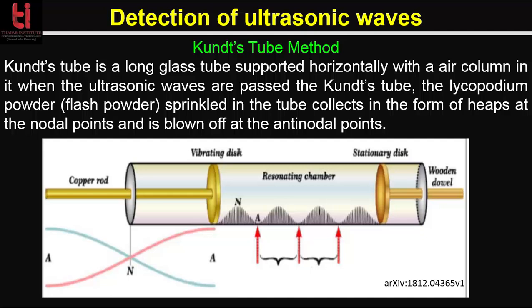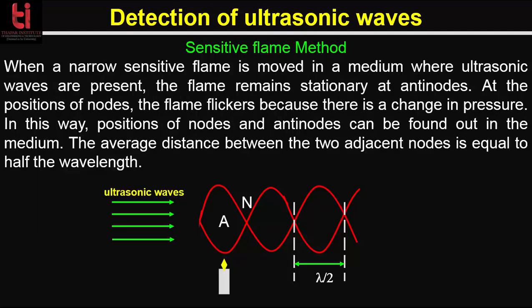The distance between the piles is half a wavelength, that is, if the wavelength of these ultrasonic waves is lambda, the distance between the piles is lambda by 2. So by measuring the distance between the piles, the wavelength lambda of the ultrasonic waves can be found.